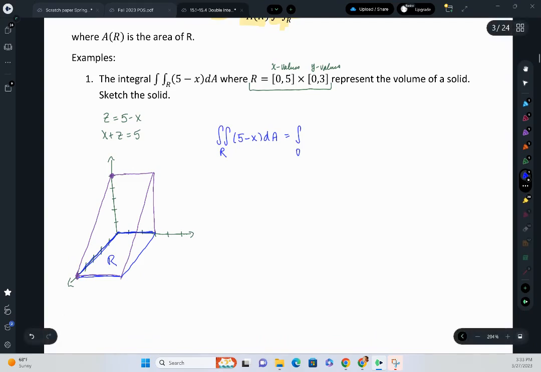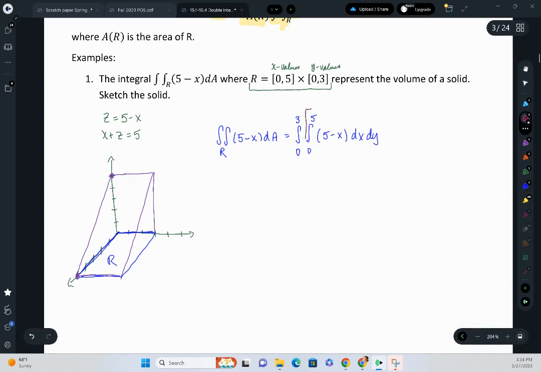I'll put my bounds for y in first. The bounds for y are 0 to 3. The bounds for x are 0 to 5. My integrand is 5 minus x. And because 0 to 5 is the innermost integral, and those are x values, that means dx needs to be my innermost differential, and dy will be on the outside.